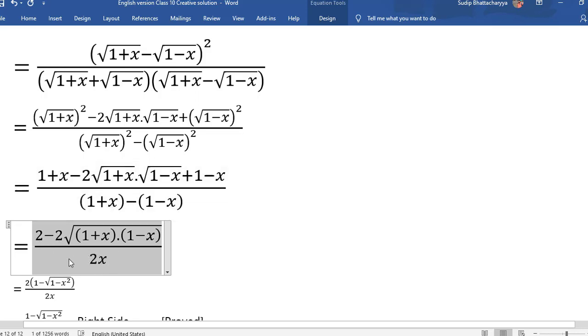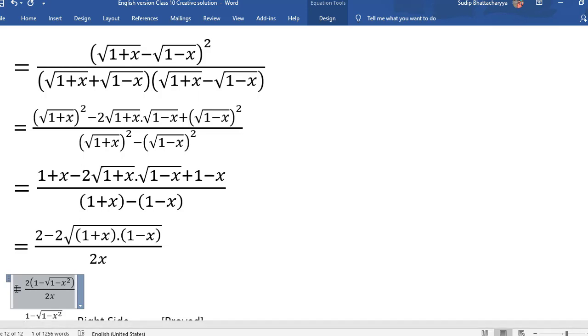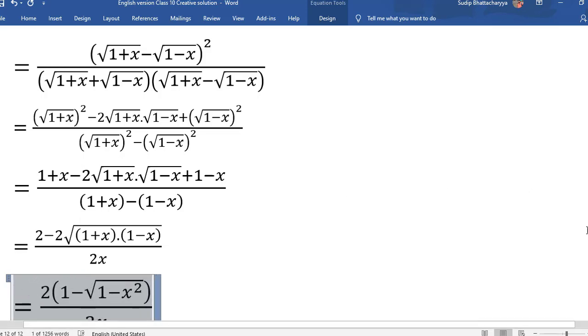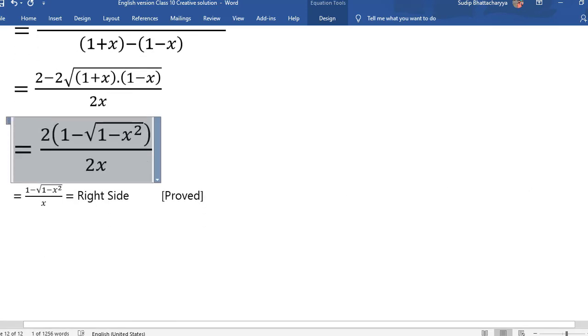Now if you take 2 as a common factor of the numerator, you will get 2 into 1 minus root over 1 minus x square here, as 1 plus x and 1 minus x is equal to 1 minus x square.